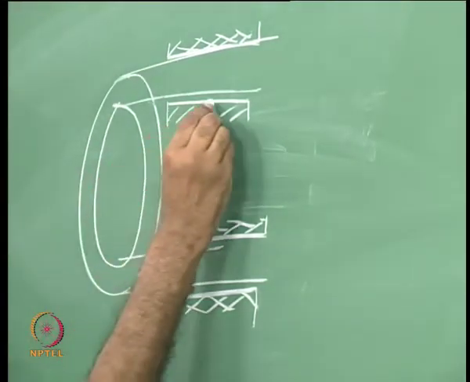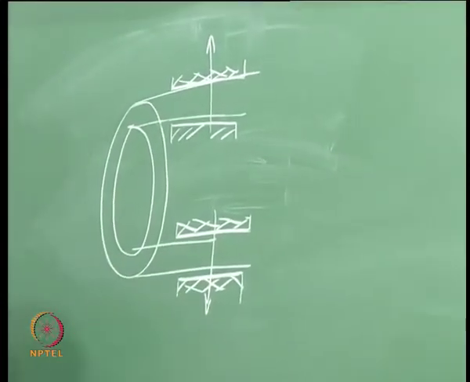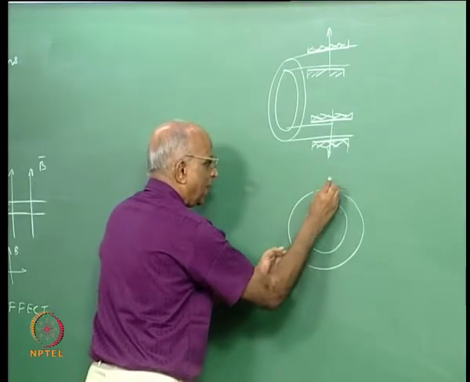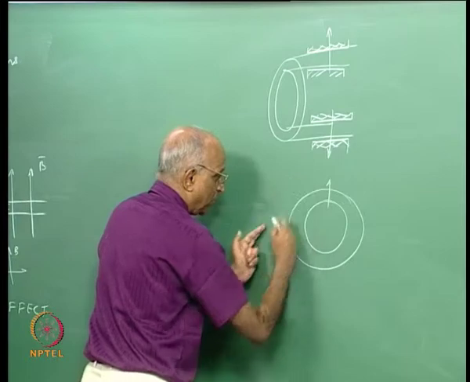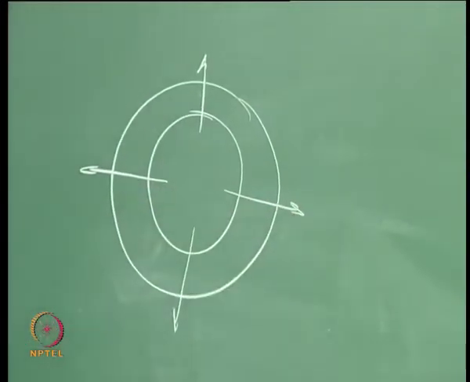That means the magnetic field could be, let us say, in this direction over here. In other words, let me take a section over here, a section over here. In this I put a magnet here, I put a magnet here, therefore I have a magnetic field in the radial direction. And now I put, let us say, an anode here.